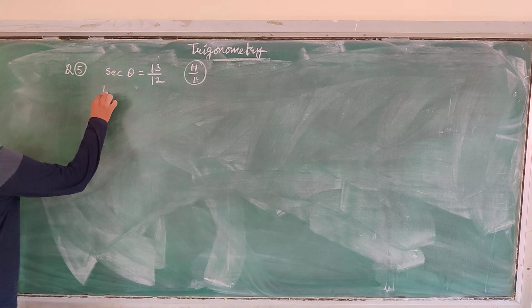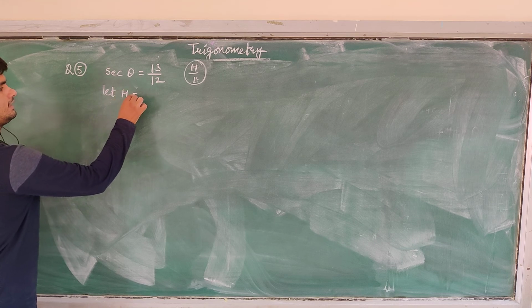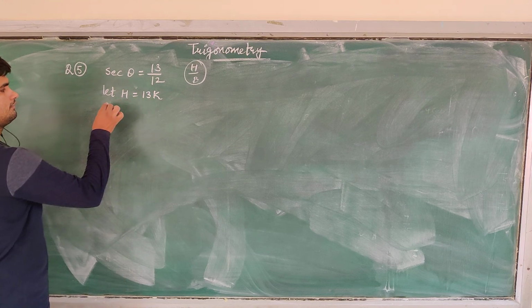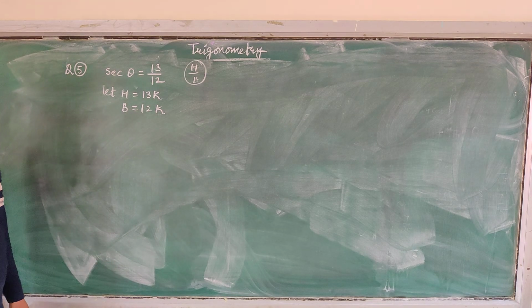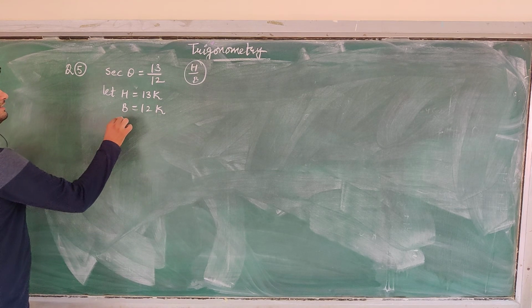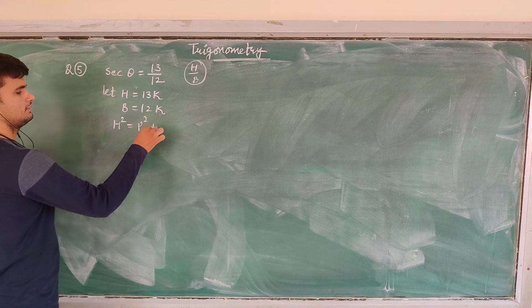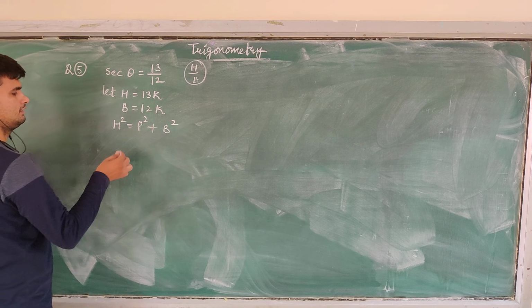So here we will assume let H is equal to 13k, B is equal to 12k, and we know this formula, H square is equal to P square plus B square.